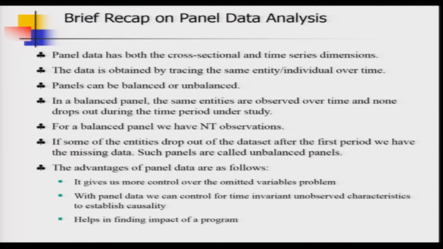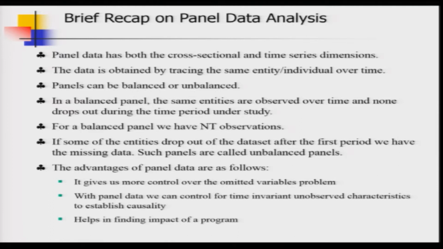Now, these panels can be either balanced or unbalanced. In a balanced panel the same individuals are observed over time. If there are 4 time periods, all individuals are observed for all 4 time periods, and none drops out during the time period under study. So, for a balanced panel we always get capital N times capital T number of observations, where capital N is the number of individuals and capital T is the number of time periods.